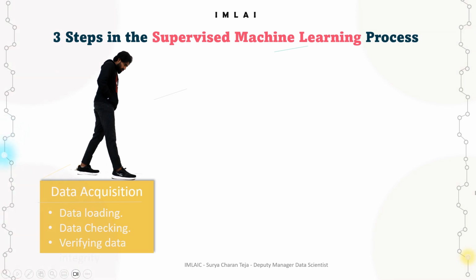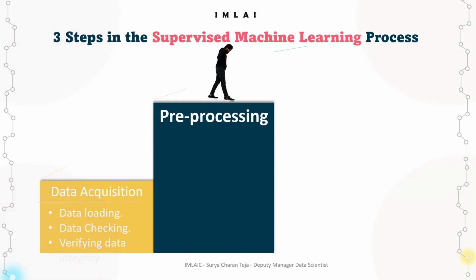At the end of the data acquisition, you will have a solid data set. It could be a .csv format or something else. Once data acquisition is ready, your data set will be ready. Now let's move on to the second step. The second step, I call it the pre-processing step.